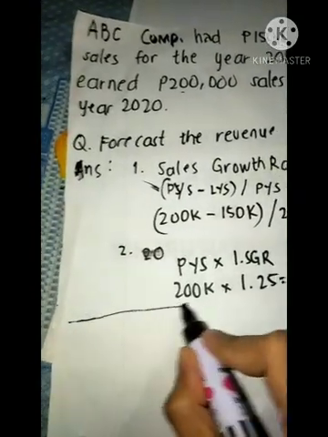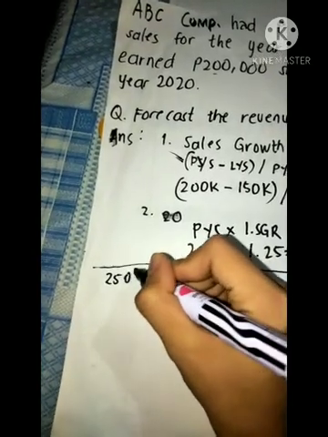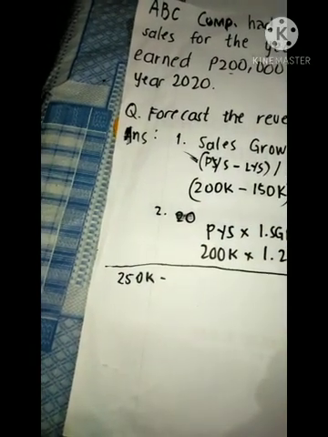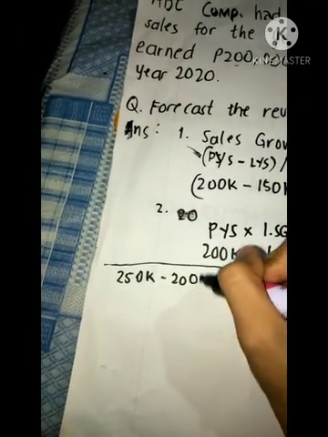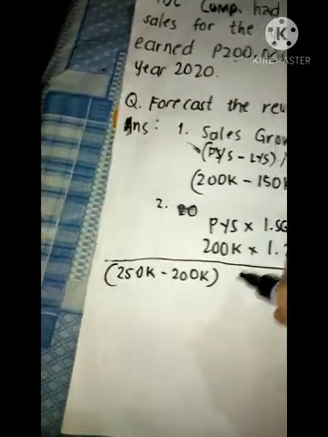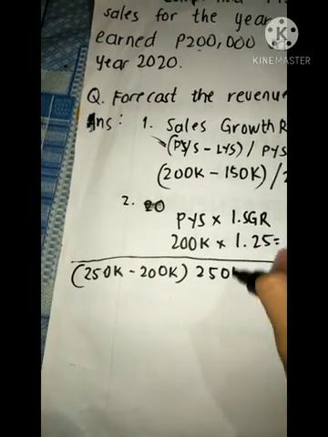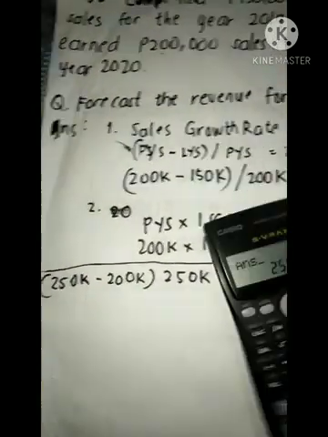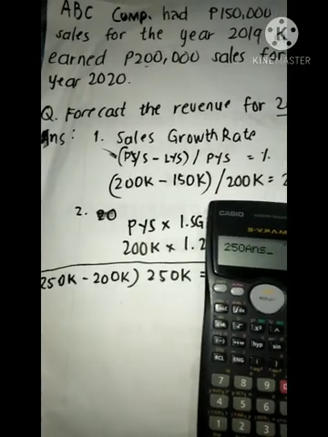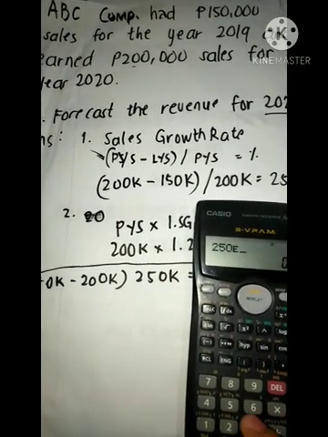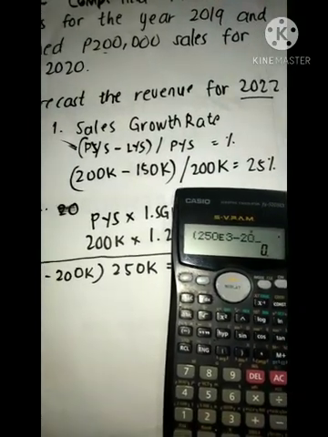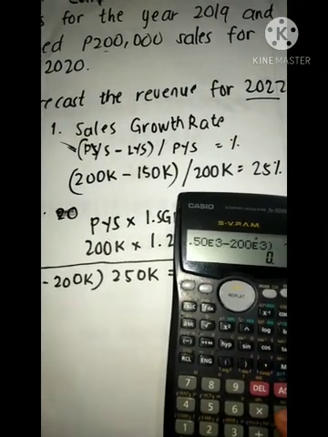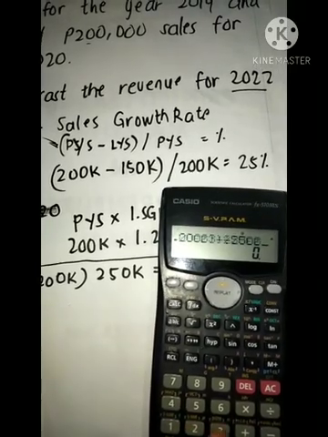So, ganito yan. 250,000 less last year 2020, ito 200K, divided by 250,000.